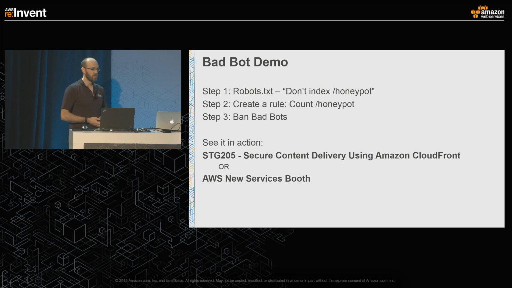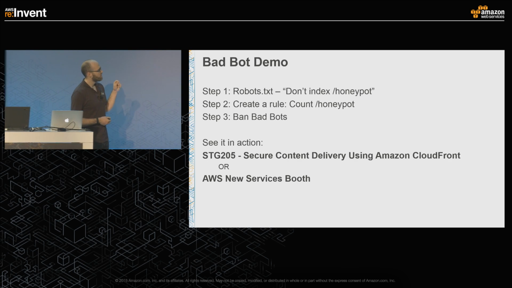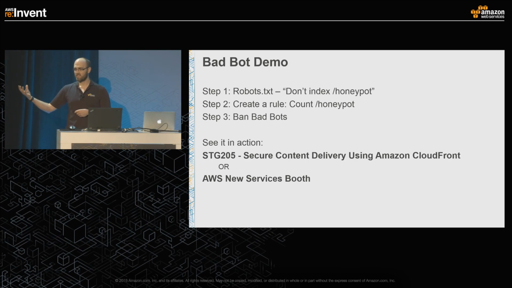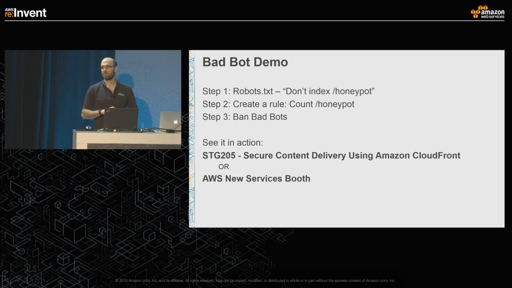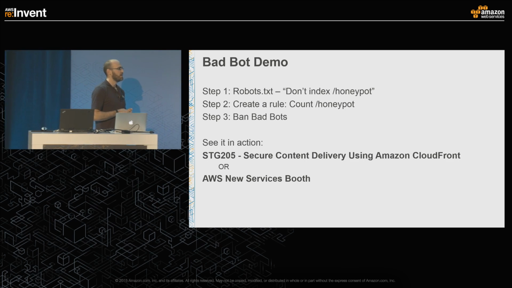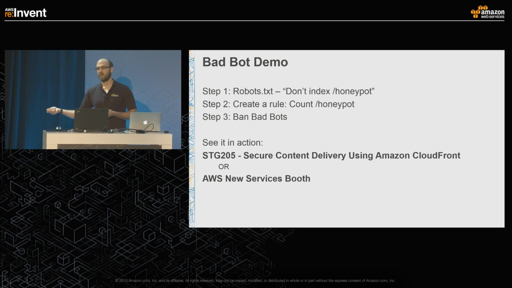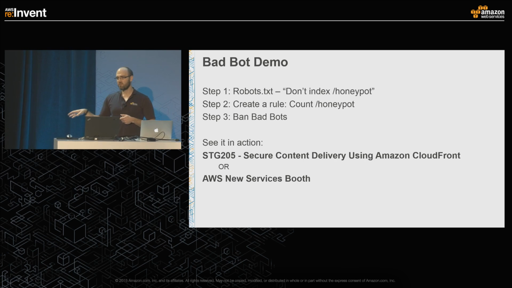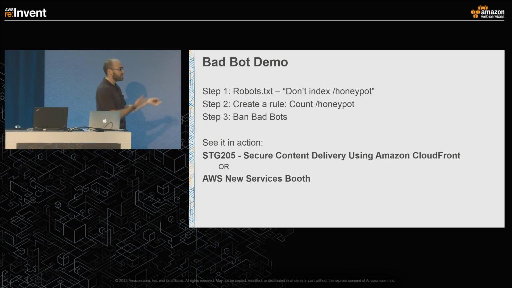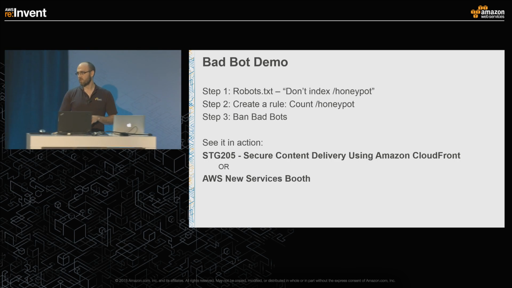We are relying on a behavior of robot activity: good robots are supposed to go to your website, request robots.txt, and receive instructions about what they are and aren't supposed to do. We use that to tell them, don't go to this specific URL on our website. And then we pair that with a new rule that looks for any robots hitting that part of our website. We know that if they're there and we've told them not to be, they're not behaving properly, and we can add them to our blacklist.